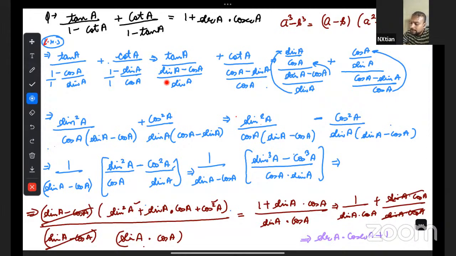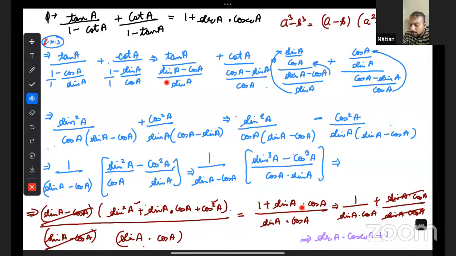So what I did, a cube minus b cube is there. I wrote a is sin a, b is cos a: sin a minus cos a, and then in the bracket a square which is sin square a plus ab plus b square. Now this sin a minus cos a and this sin a minus cos a which I take out as common, I just cut it. Now sin square a plus cos square a will become 1.